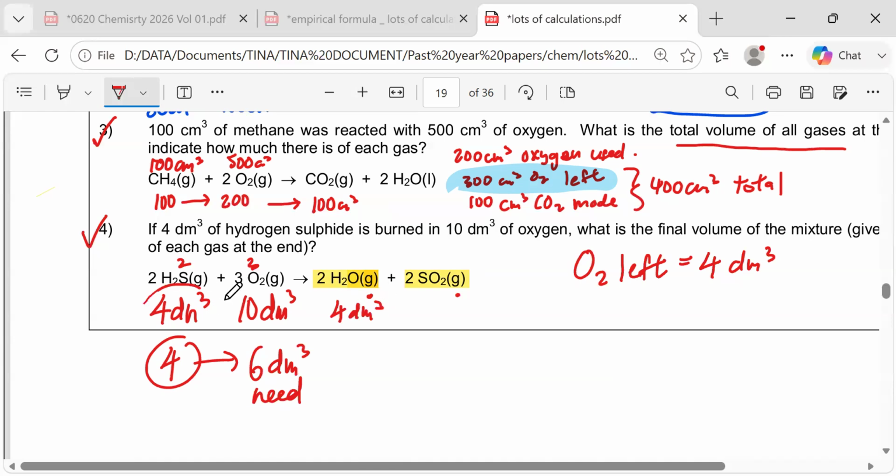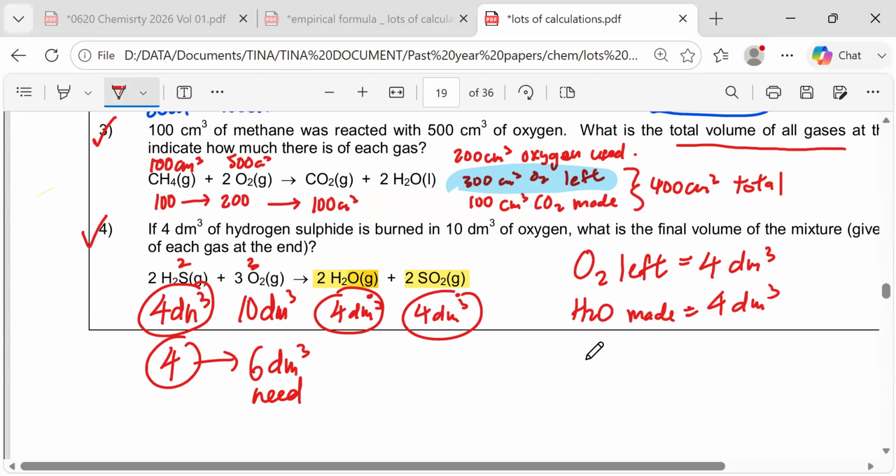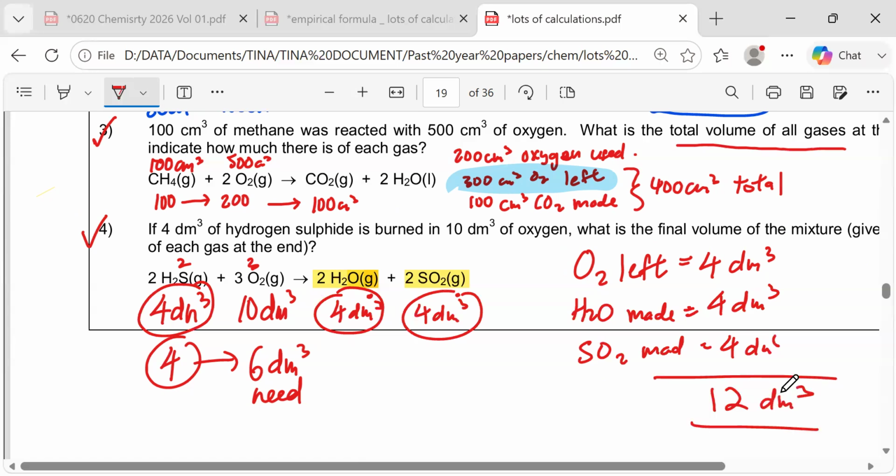So this one 4, this one 4, this one 4. So water vapor made 4 decimeter cube. Sulfur dioxide made 4 decimeter cube. So you get a total of 12. Okay?